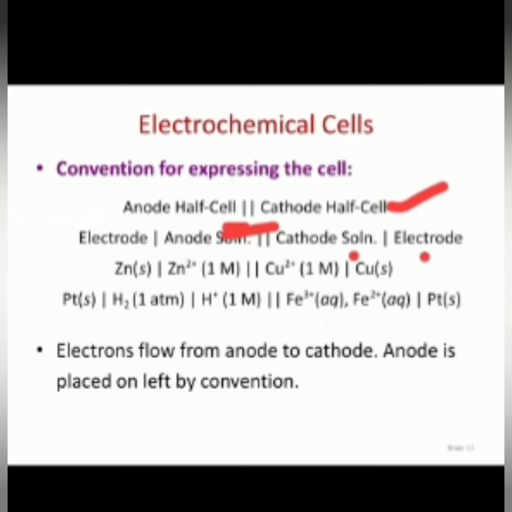So we can easily write the expression of the electrochemical cell. We can represent the electrode as zinc solid, single vertical line, then the anodic solution Zn2+, then double vertical line, the cathodic solution Cu2+, then single vertical line, electrode copper.